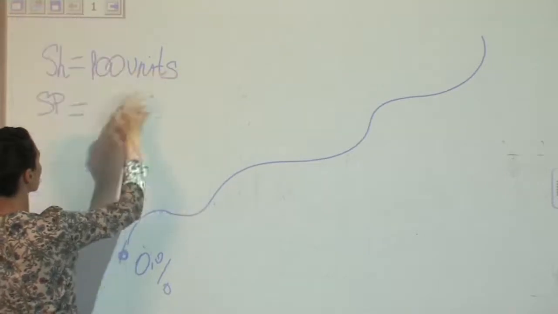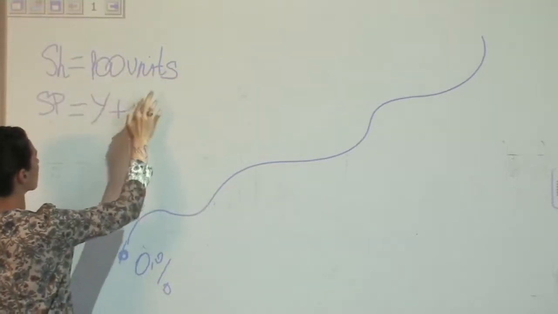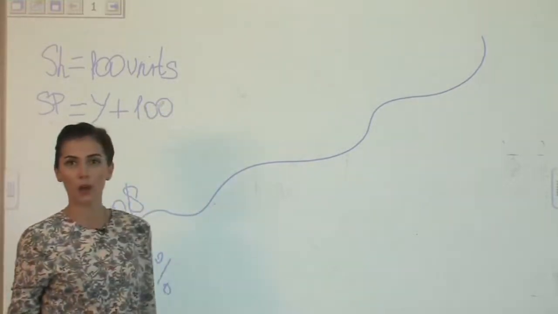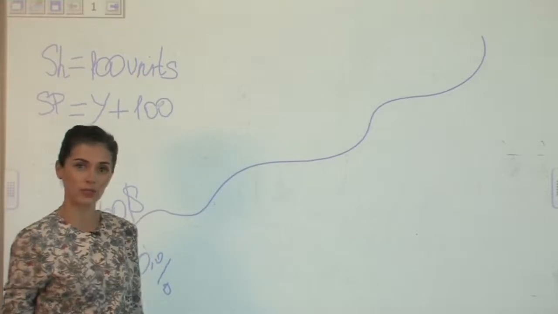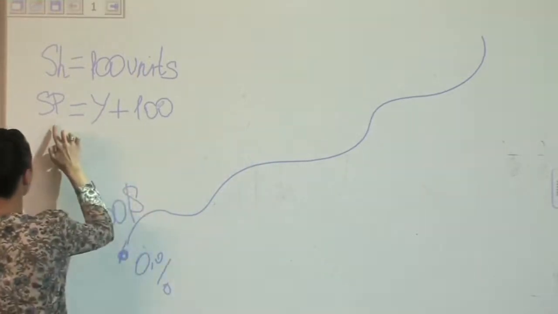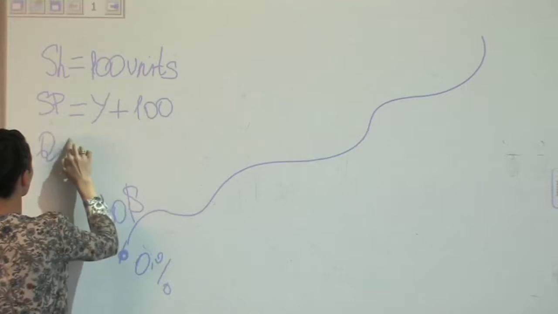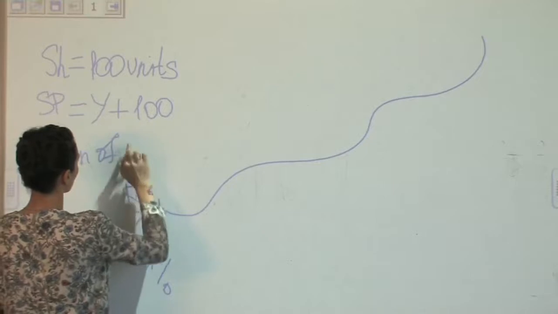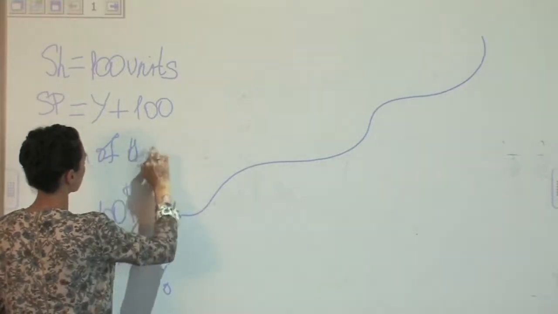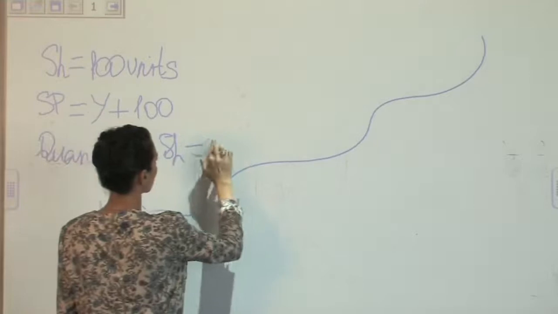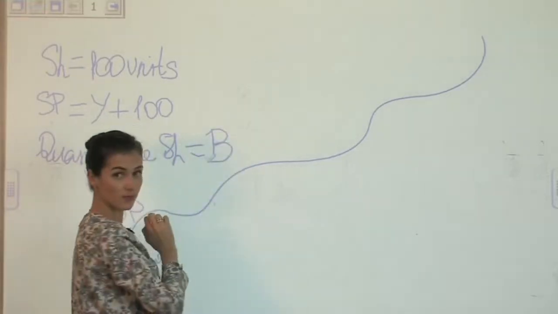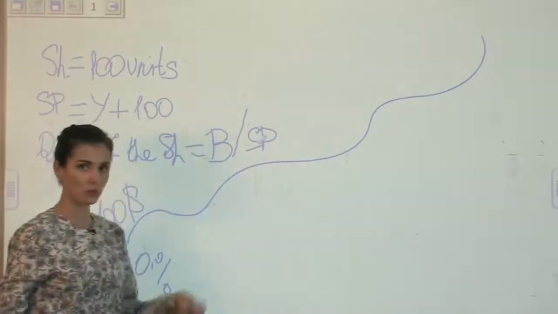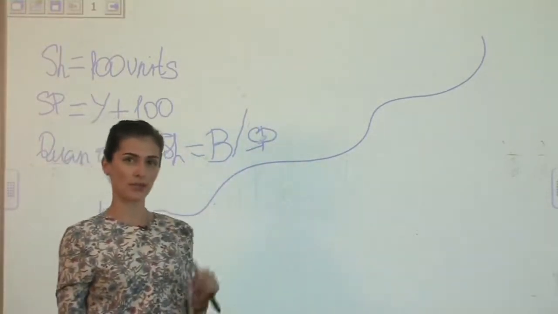Yield plus 100. Yes. How to count up how many shares you have? It's simple. You should divide your balance by the share price at the moment when you invest in the PAMM account.